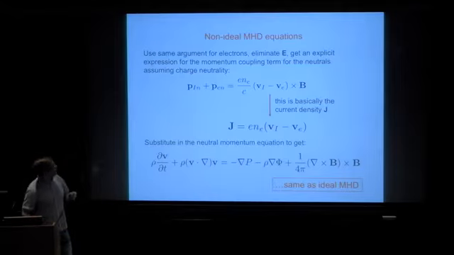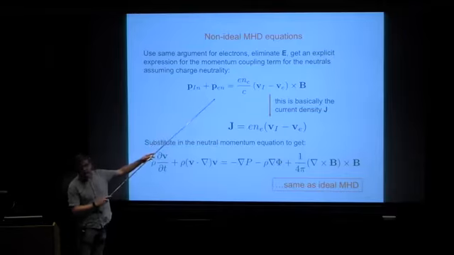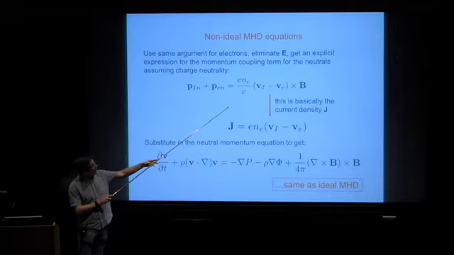And we also need to assume overall charge neutrality. If we do that, we can write down an expression for what the sum of the ion-neutral and the electron-neutral collision terms is, and it has this rather simple form on the right here.